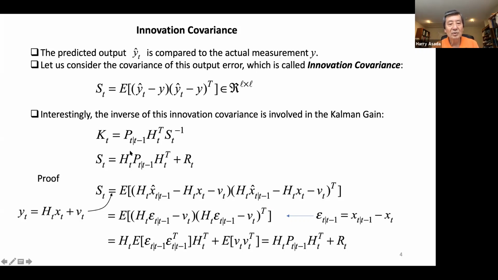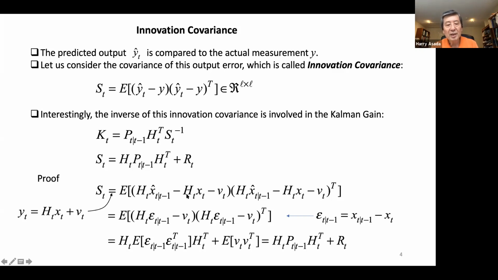What we'd like to do is to prove that S_t, defined by this, is basically given by this expression. So S_t by definition is given by this; let's replace y by H_t x_t plus v_t. This is the output equation, right? And y_t hat is basically given by the prediction, which is based on x_{t|t-1}.